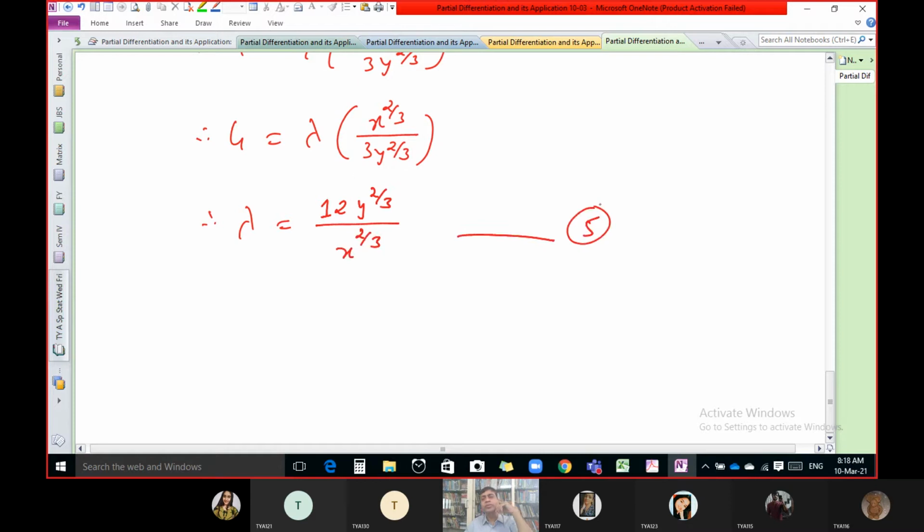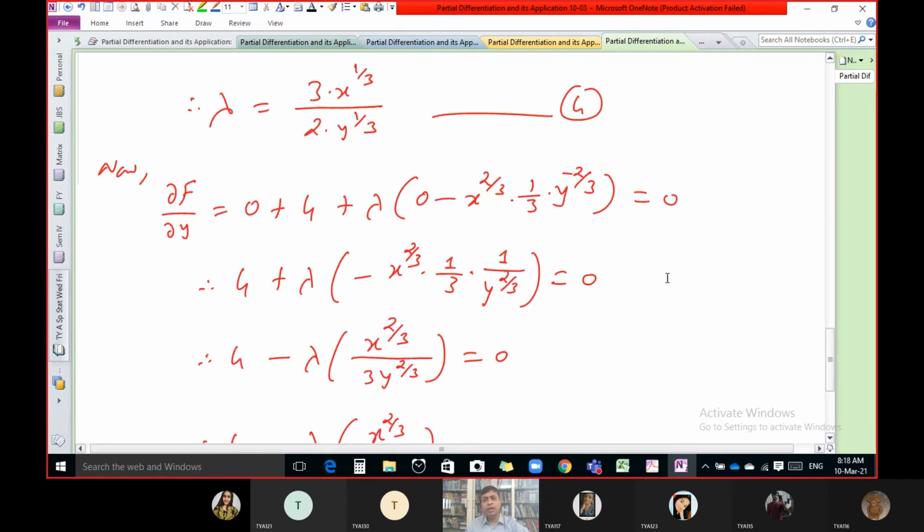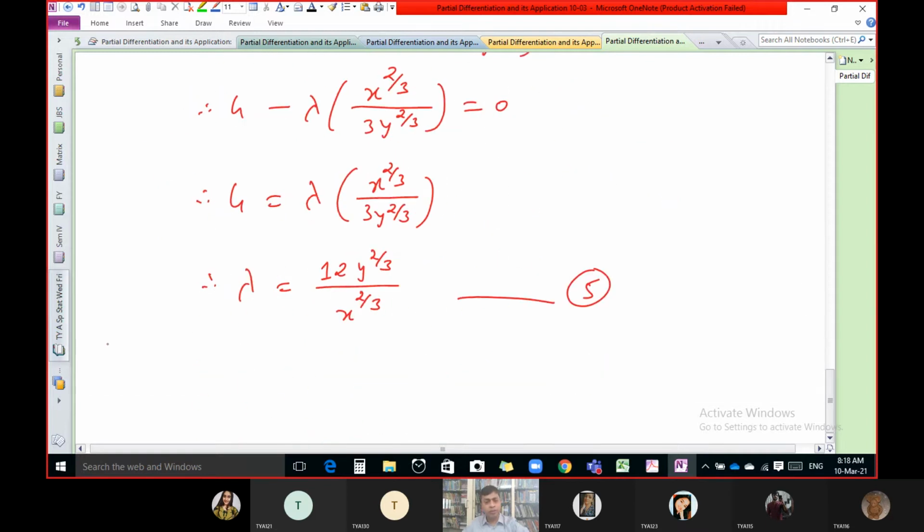Equation 5. Now see equation 4 and 5. Both are the values of lambda. Equation 4 is a value of lambda, 5 is a value of lambda. So compare these two. From 4 and 5, both are the values of lambda.